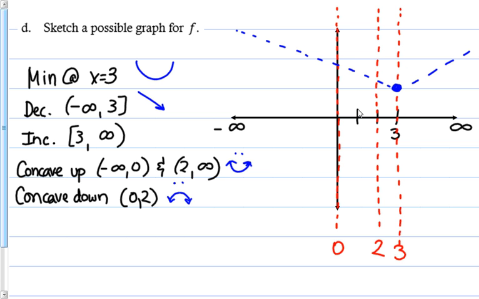All right, so from negative infinity to 0, it's concave up. So let me go ahead and make this part of the graph concave up-ish, concave uppy, right? Erase this extra stuff here.